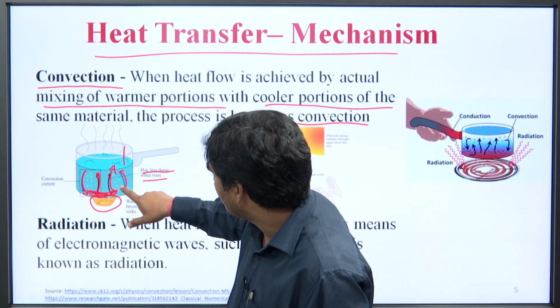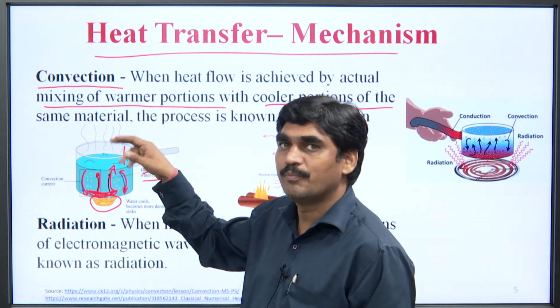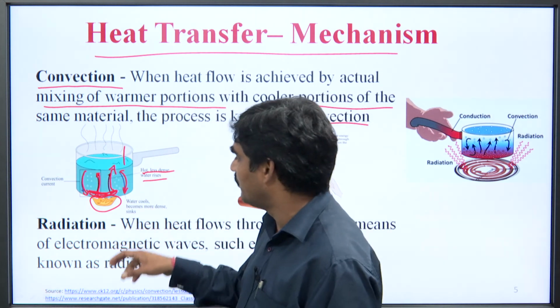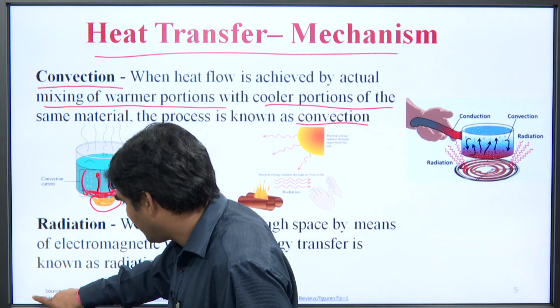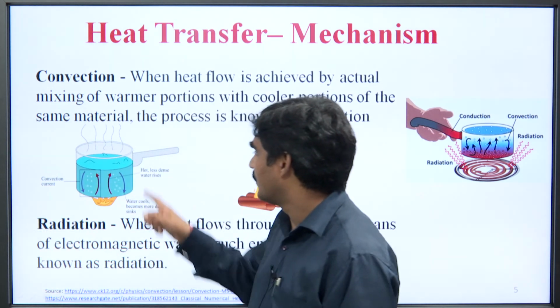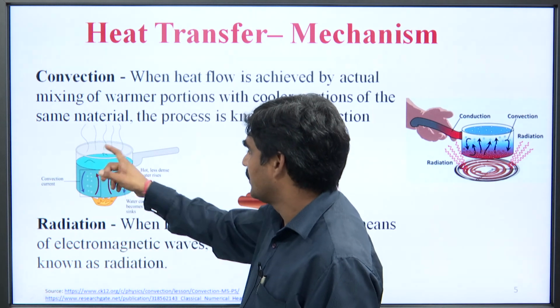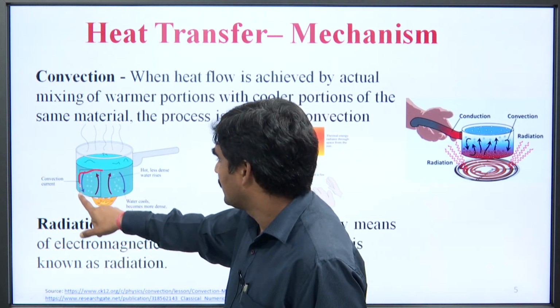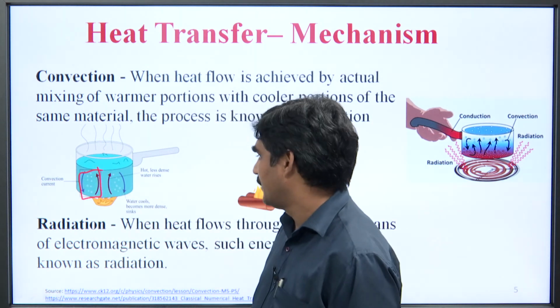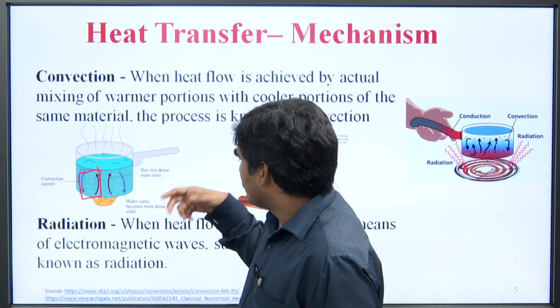moves downward. This movement is called a convection current. The hotter liquid goes upward, the cooler liquid goes downward.